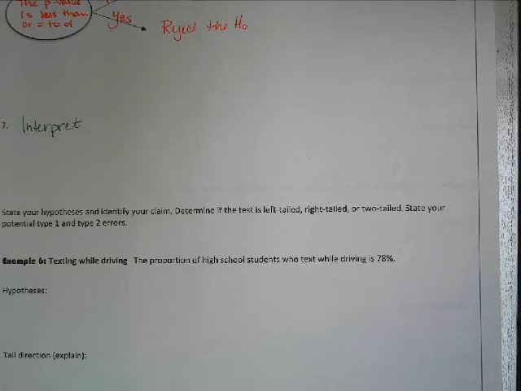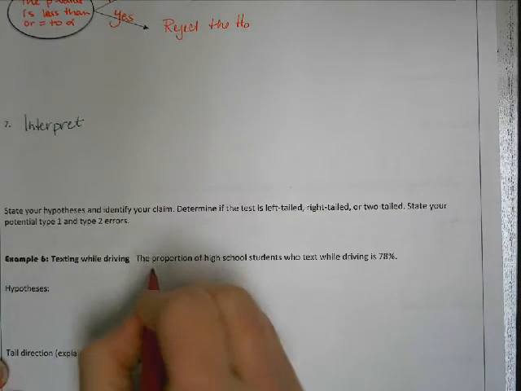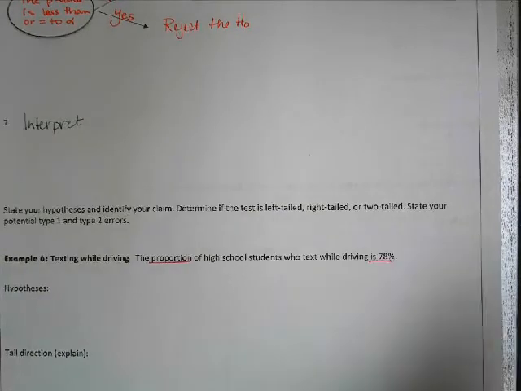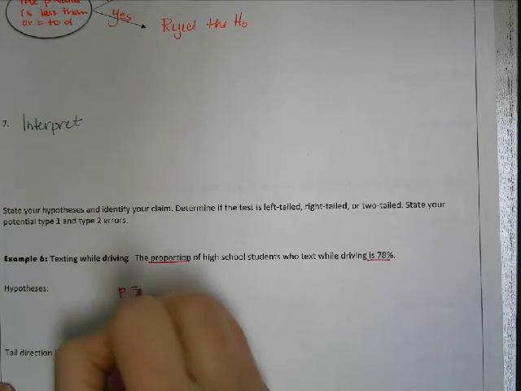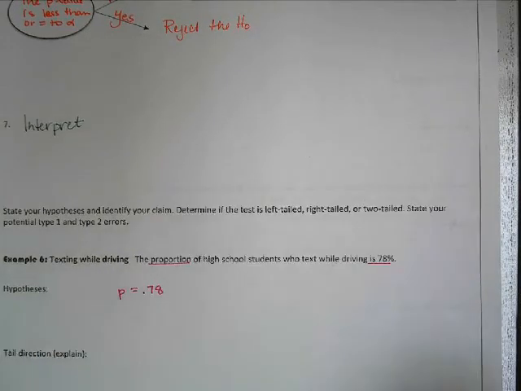So on number 6, the proportion of high school students who text while driving is 78%. So P equals 0.78. Everybody okay so far?